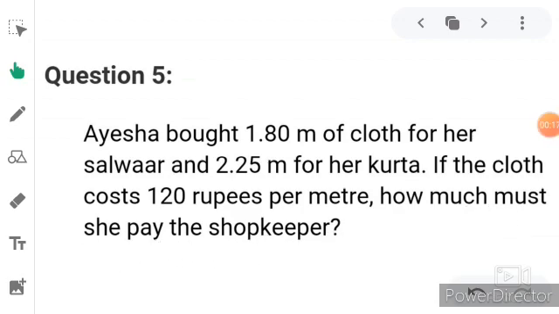So first of all we will have to do the addition of these two terms. So let's solve it.